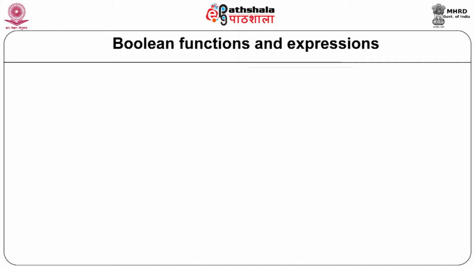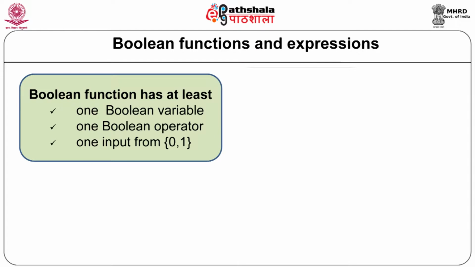Variables and complement are the terms used in Boolean algebra. A Boolean function has at least a variable and an operator. A variable is usually an uppercase letter to represent a logical quantity. A variable can have a value 0 or 1. Complement is the inverse of a variable and is indicated by a bar or single quote. For example, the complement of A is known as NOT A or A bar.